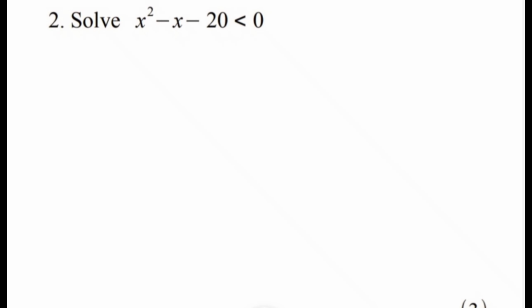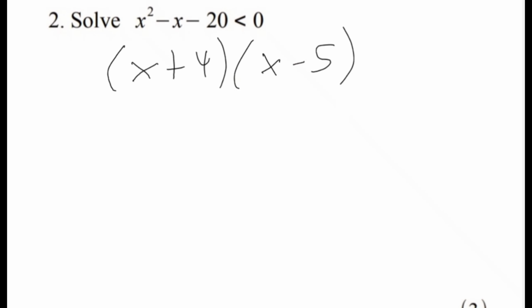So in the next case, we have x squared minus x minus 20 is less than 0. So unlike the previous example, this time it's less than 0. So we have to see, is the parabola below the ground, below the x-axis? You guys can now understand that this is more through inspection than theoretical, the method to solving this.